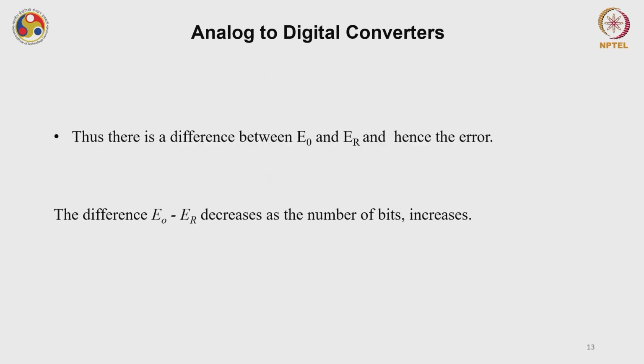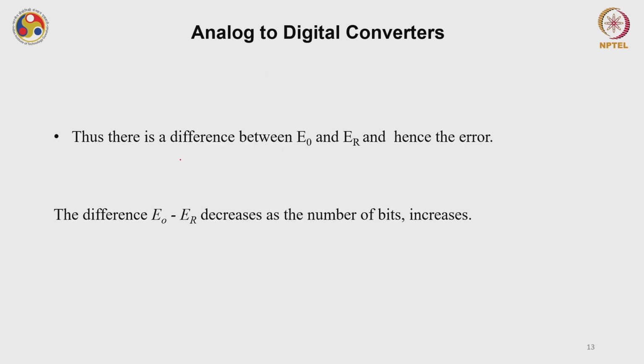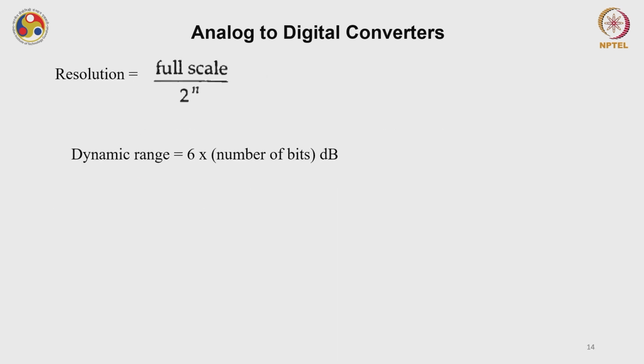Therefore there is a difference between E naught and ER, hence there is an error, and this difference decreases as the number of bits increases. The resolution of this kind of device is the full scale deflection divided by 2 to the power n, and similarly the dynamic range can be calculated as 6 into the number of bits.